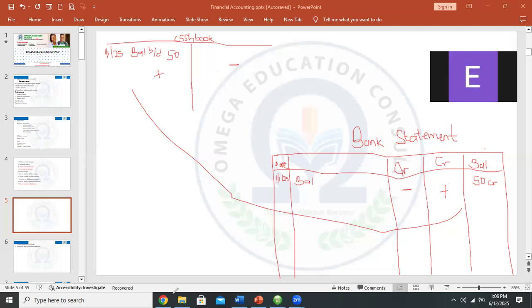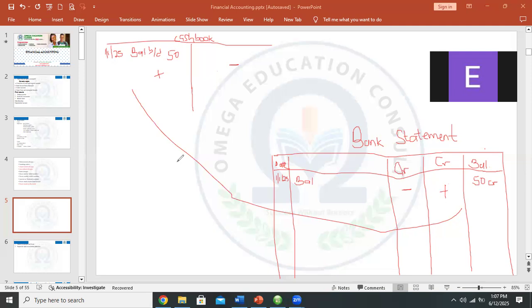So every customer is seen as a creditor by the bank. That's why all customers of a bank have credit balances with the banks. Now, regarding the balance on these two, the cash book and the bank statement: the bank column can have a debit balance or a credit balance. It is only cash that cannot have a credit balance.